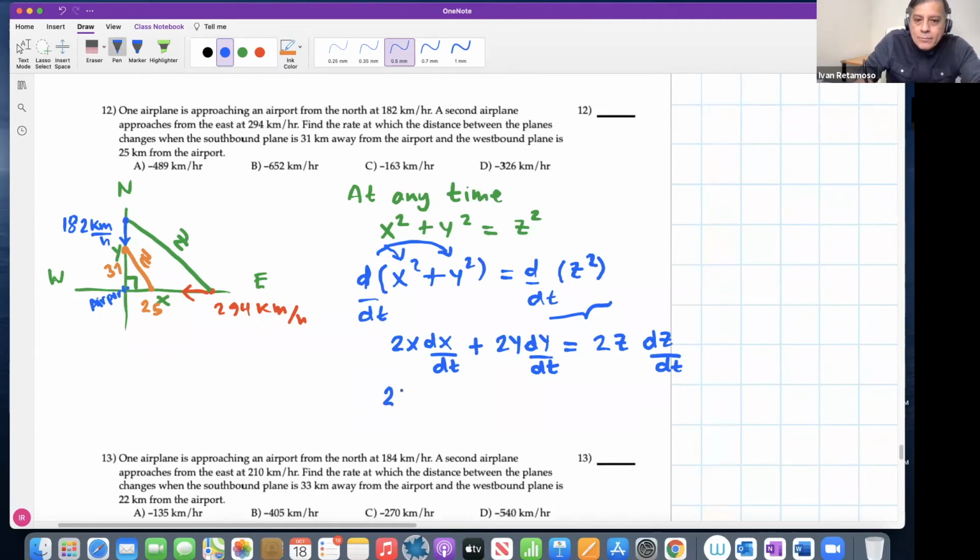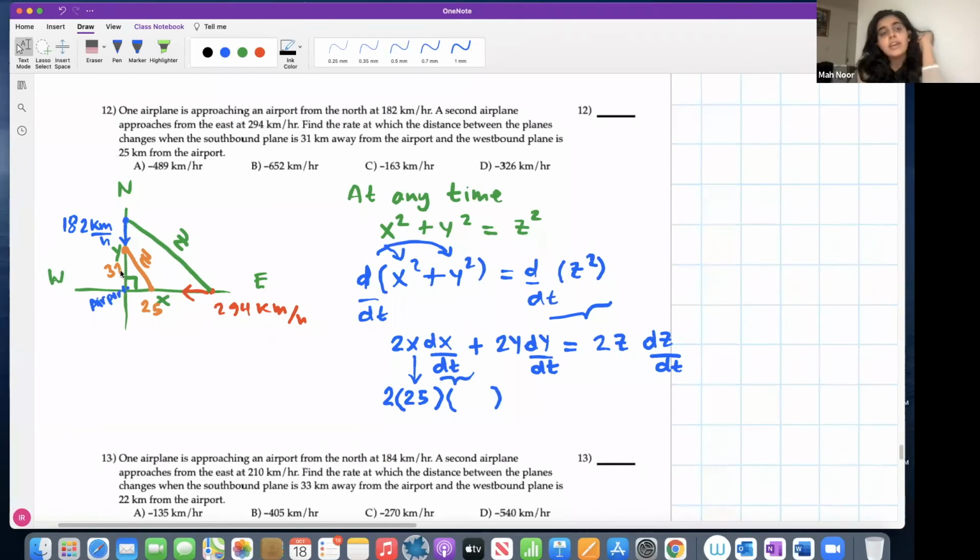And let's find what we don't have. X. What is X? Well, this is 25, because this is the x distance when they want you to take a picture in your mind and find out the variation of this z. Who can tell me what is dx/dt here? Anybody? In the chat. Yeah, Marcos, but 182, I think, is the one for y coming down.